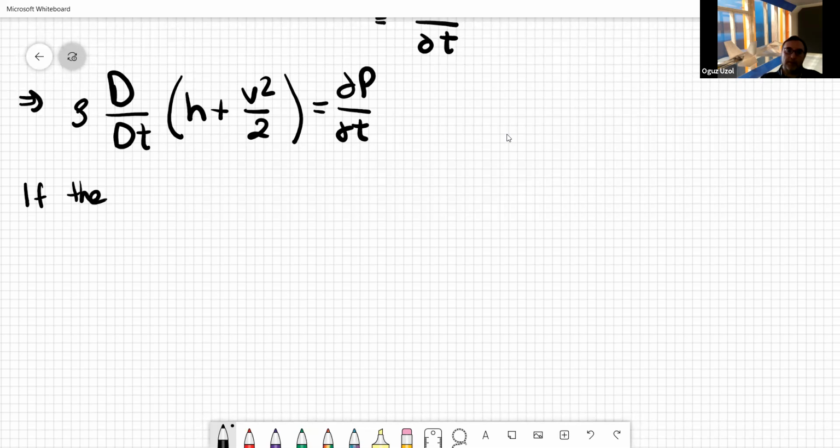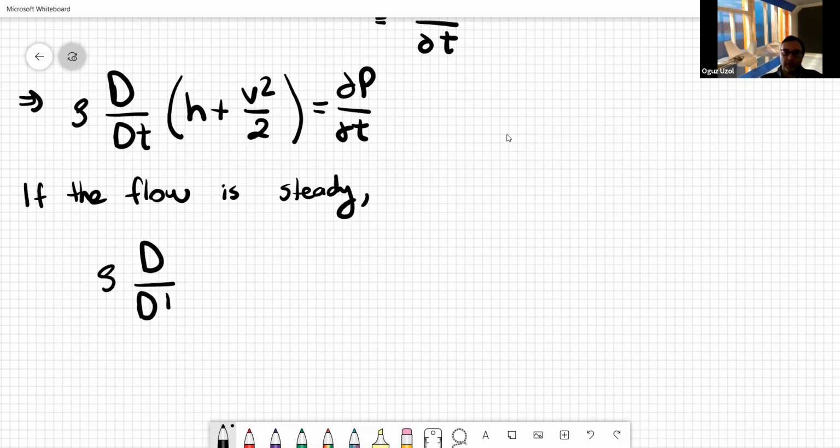Now if the flow is steady, this partial derivative of pressure with respect to time will disappear. So what we end up with is the left-hand side, rho d/dt of h plus v square over 2, must be equal to 0 for steady state flow.